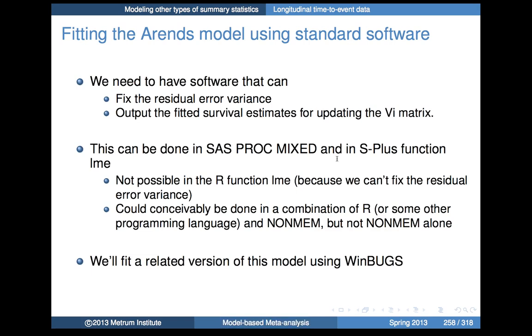And so if we were going to take this approach using SAS, you might write a macro, for example, that fits a model, extracts the parameter estimates, calculates those V's, maybe outputs those to a data set, and uses those as input into the next iteration of the estimation procedure.